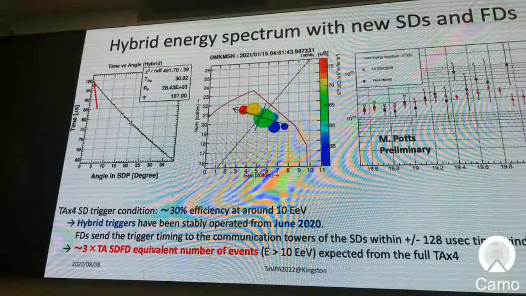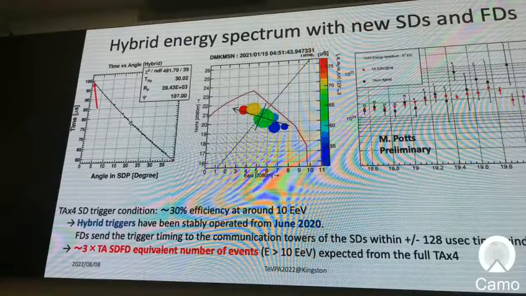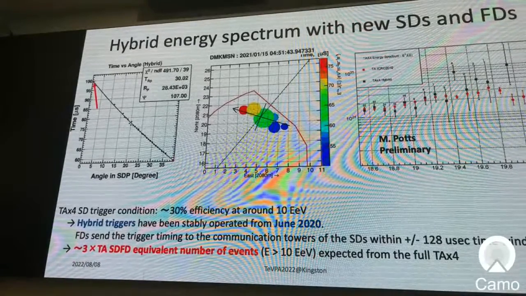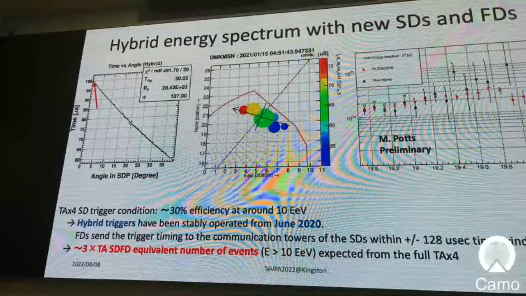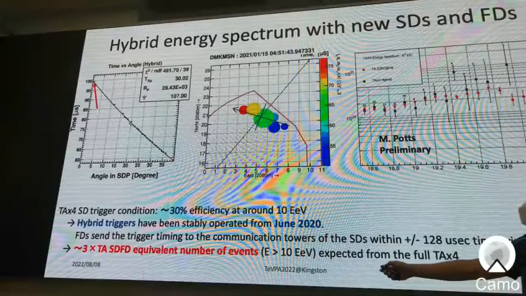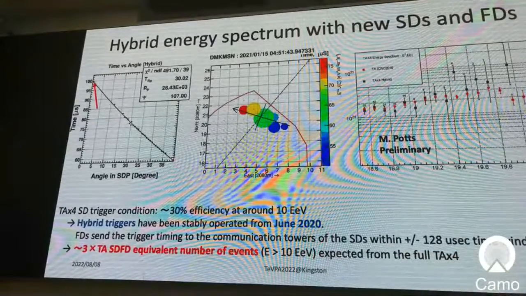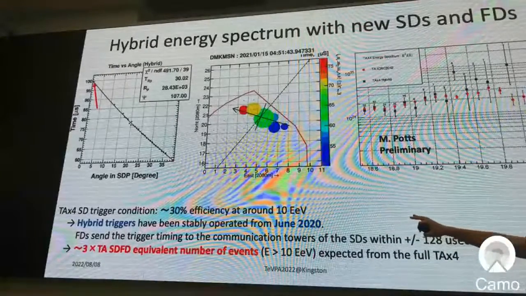And then also we made a hybrid trigger to obtain rather lower energies. Actually, the TAx4 SD is rather sparse, and the energy threshold is a little bit higher, with 30% efficiency at around 10 to the 18 eV.